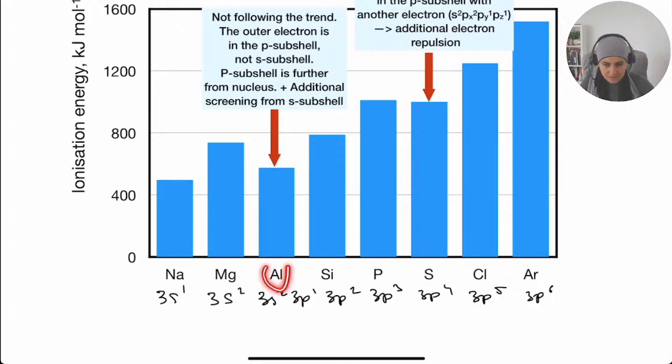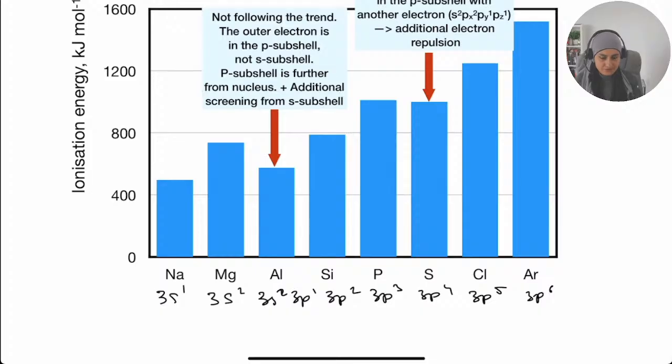Then when we go to aluminium, what electron are we removing? We're removing the 3p electron instead of 3s. And the 3p subshell has higher energy electron. Also the 3p subshell is a little further from the nucleus, and it also experiences a little bit of extra shielding from 4s.